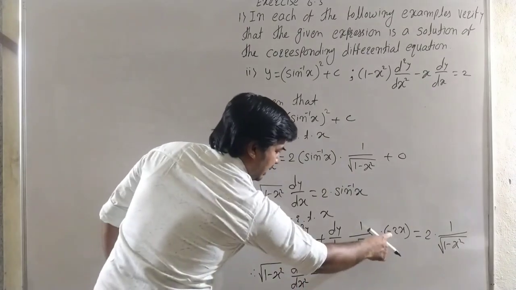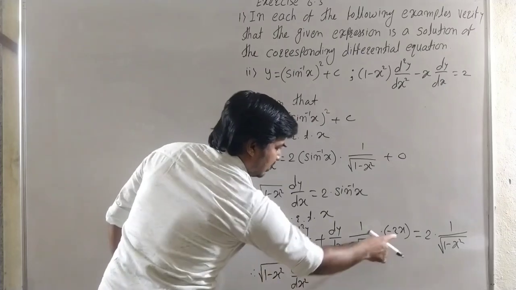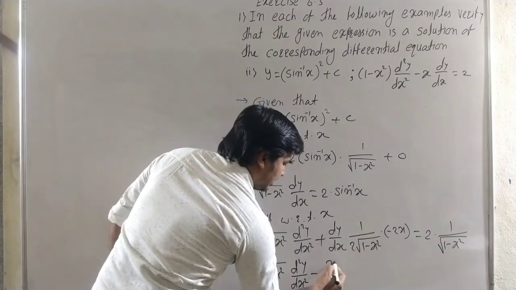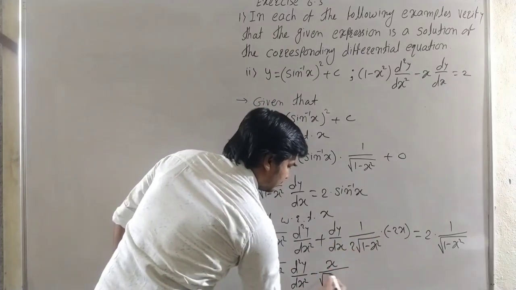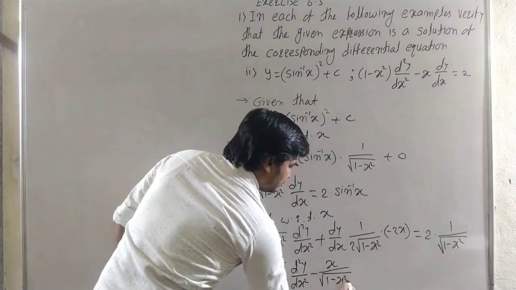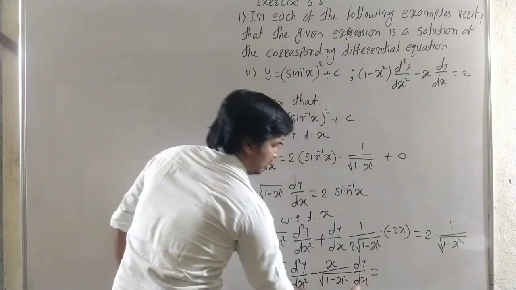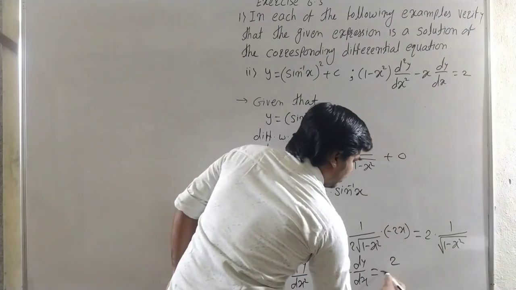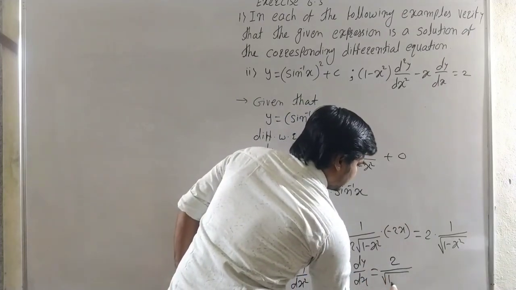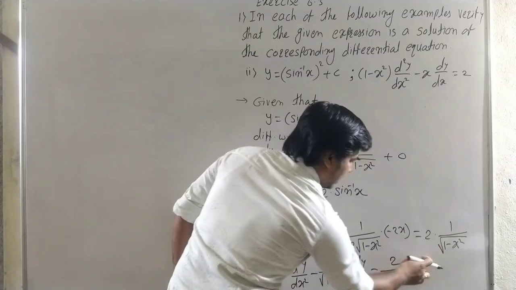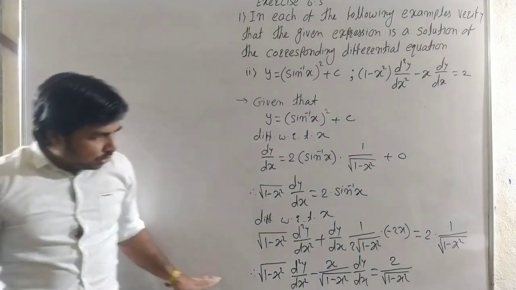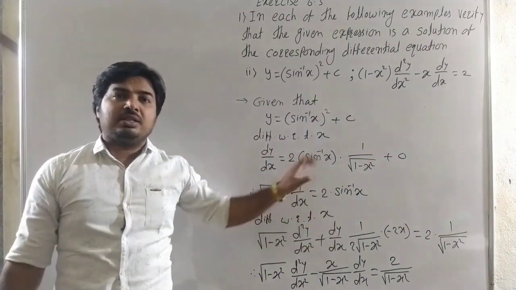Then this minus, this plus, we get minus, 2 gets cancelled, and here x upon under root 1 minus x square dy by dx is equal to 2 upon under root 1 minus x square, this term as it is. And now throughout multiply by under root 1 minus x square.